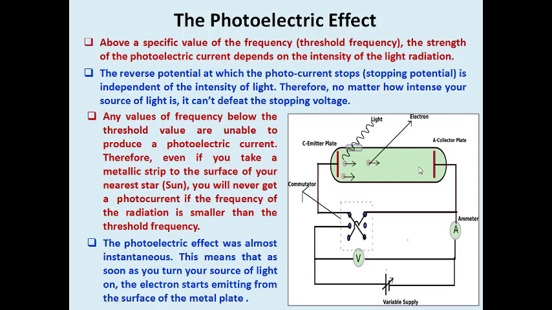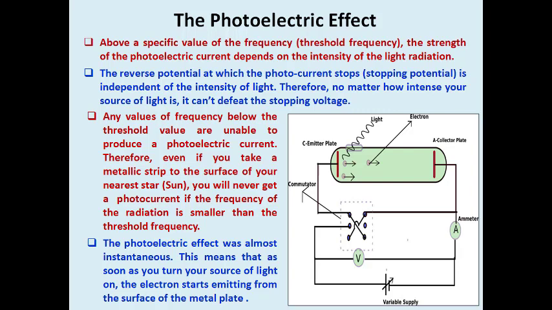When we go to the photoelectric effect, we have to go with certain conditions. The first one is, above a specific value of frequency, which we call the threshold frequency, the strength of photocurrent depends on the intensity of light radiation.